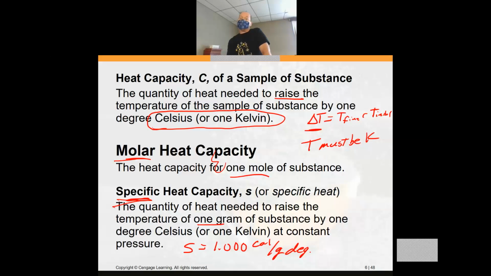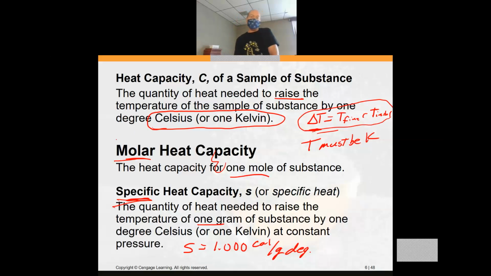So you can convert everything to Kelvin and it will never be wrong, but you might be doing a little extra work. I would recommend that. Any temperature you're given, you must immediately convert it to Kelvin. But you also should know that your delta T, it doesn't matter if it is in Celsius or Kelvin.